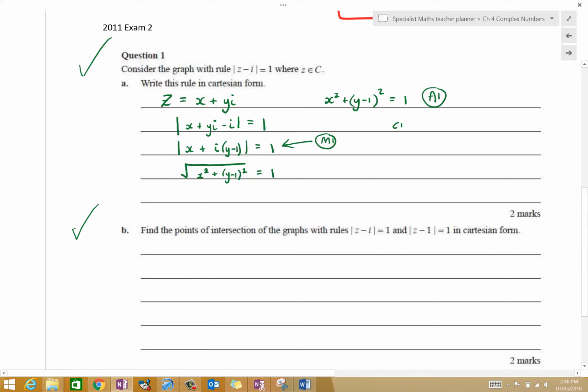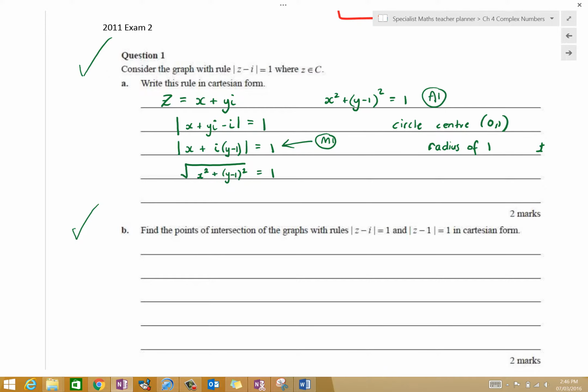You don't need to do this, but just to picture it, it's a circle with centre (0, 1), and it has a radius of 1, doesn't it? A radius of 1. And we might be asked to sketch that region. We can do that, but it's not a region though, it's really just a circle on an Argand diagram.